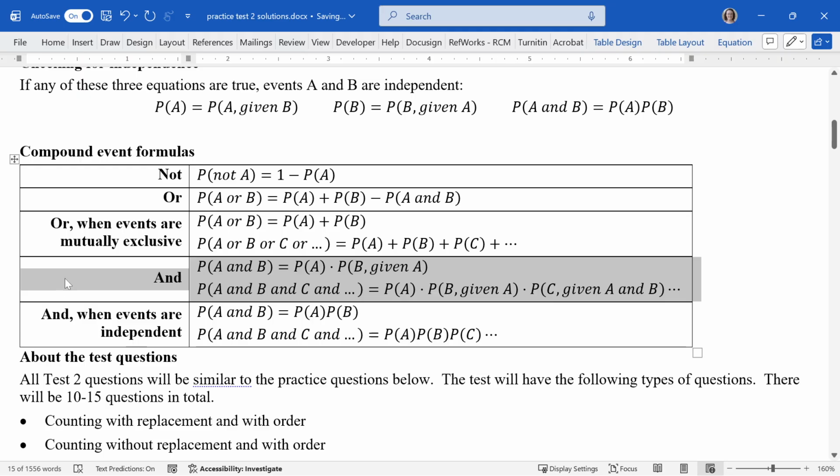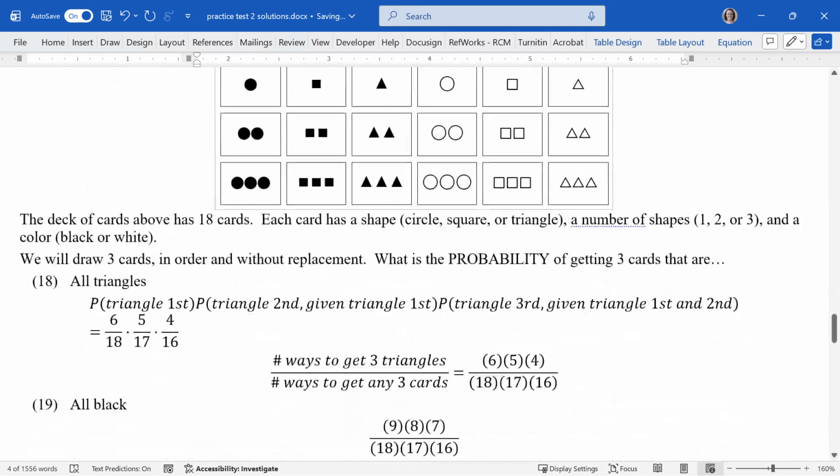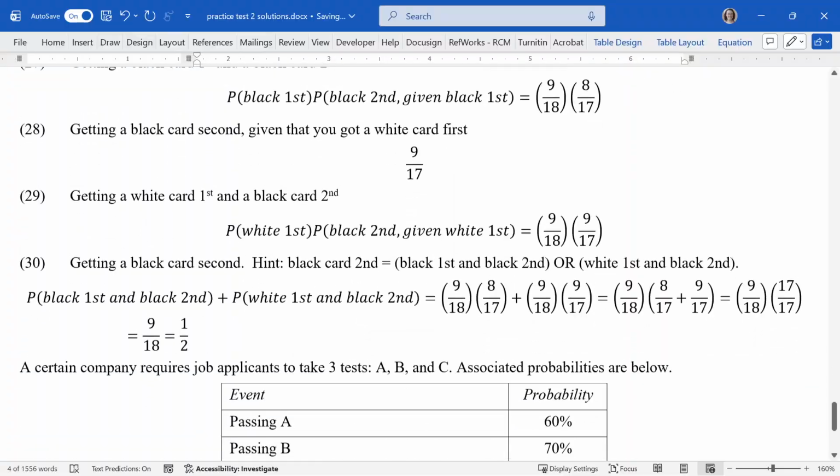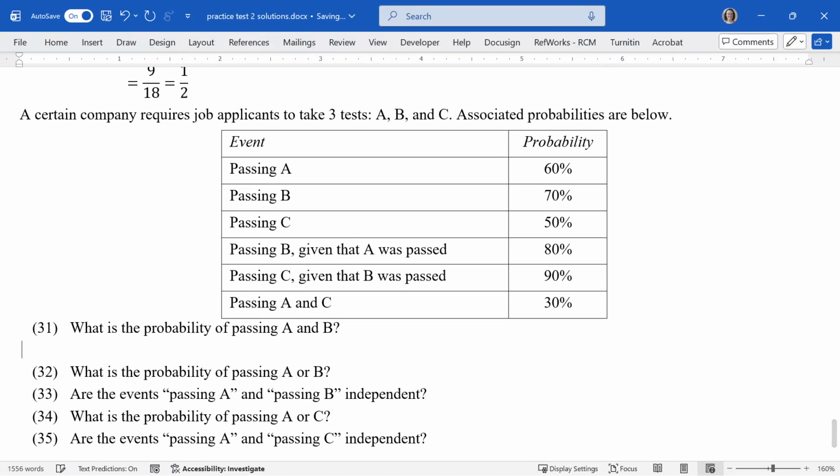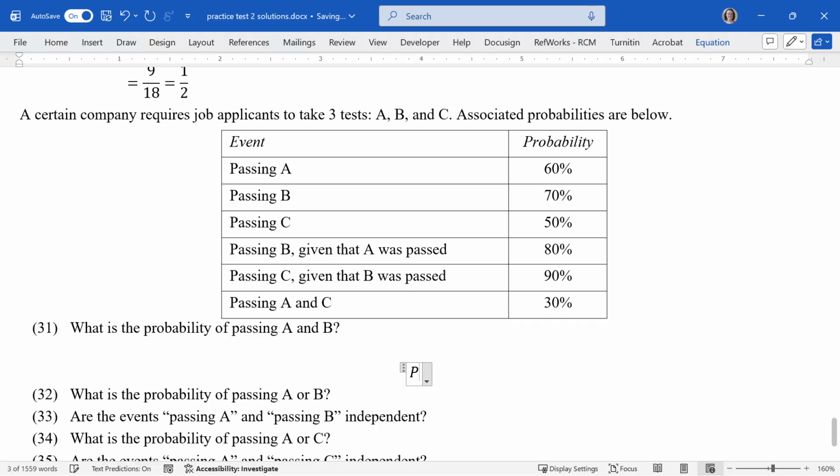Then I'm going to use these AND formulas here. So the probability of 2 events happening is the probability of one of them times the probability of the other one given the first one. All right, so this is going to be probability of passing A times probability of passing B given that you passed A. Let me write out what I'm actually calculating here.